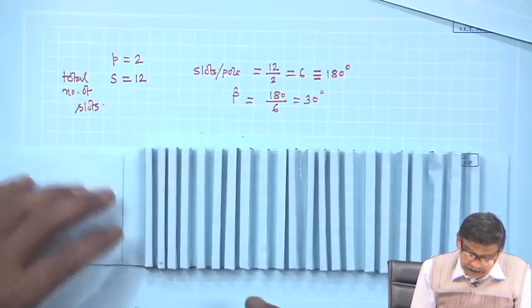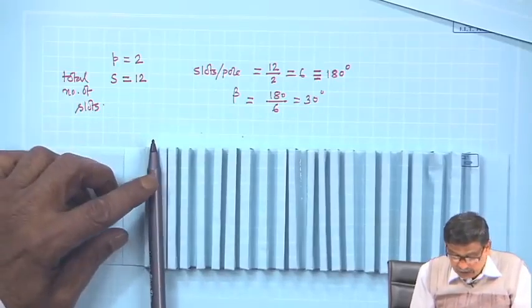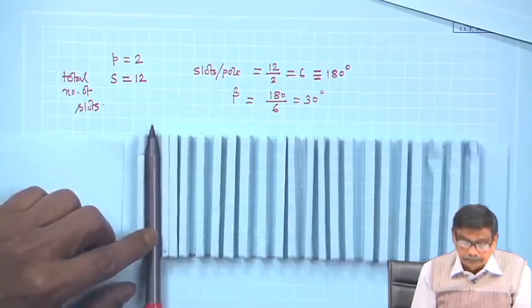But the point is, suppose one coil side I place in slot number 1, this slot.